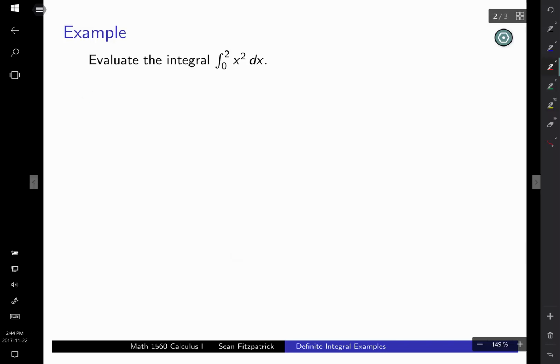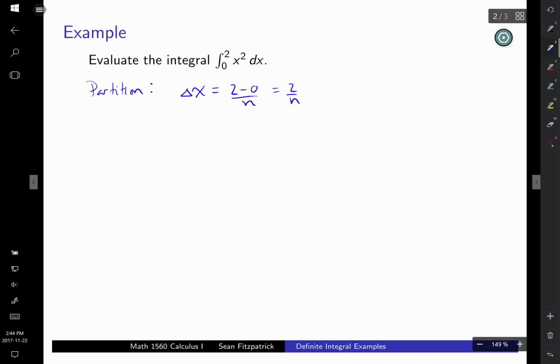Okay. So our partition is going to be this. Our delta x is 2 minus 0 over n, so 2 over n.